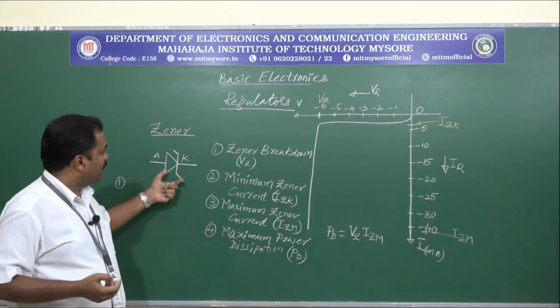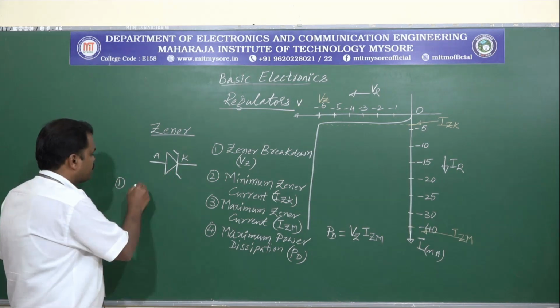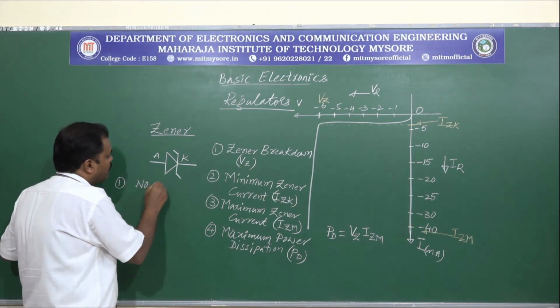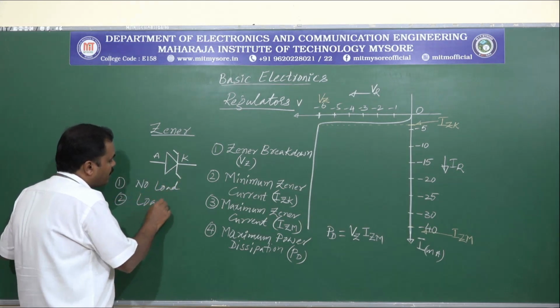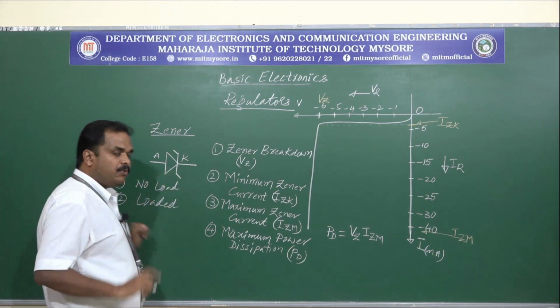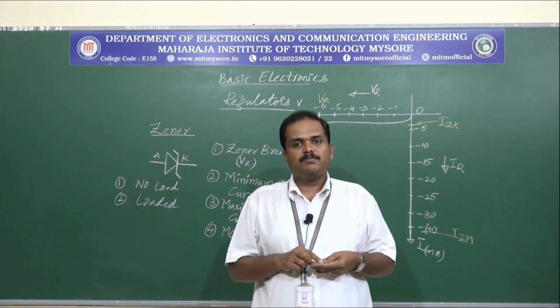The Zener diode will be analyzed as a voltage regulator under these two conditions: the no load condition and the loaded condition. We'll understand these two and see the differences between them.